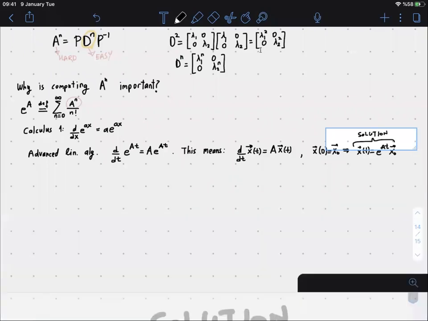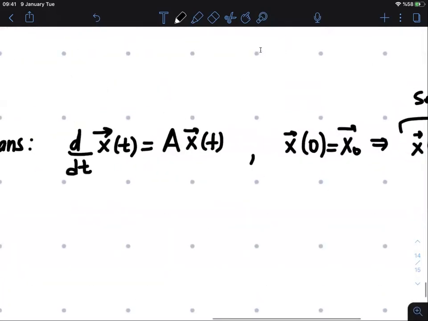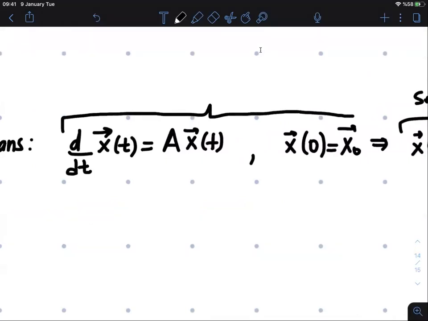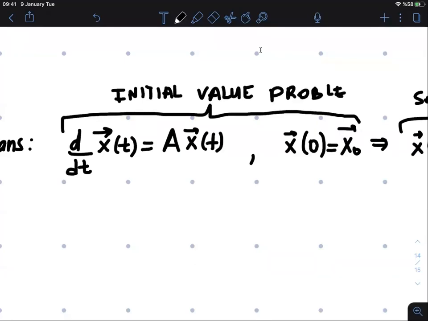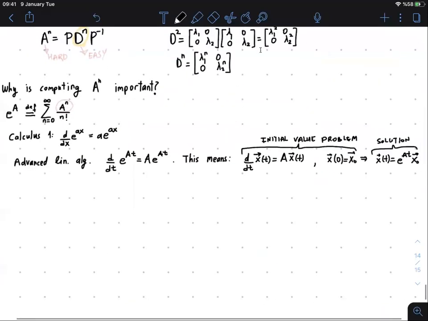So this part is the initial value problem. And bam, you get the solution. So the exponential matrix is very, very useful.